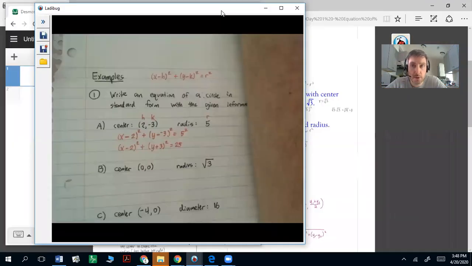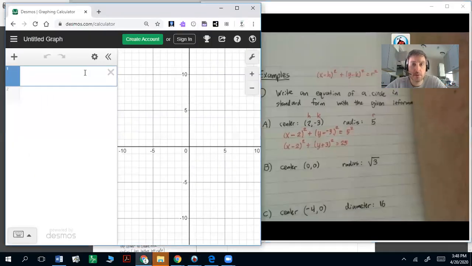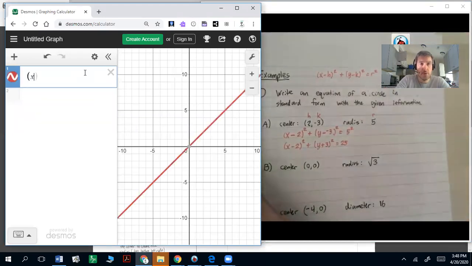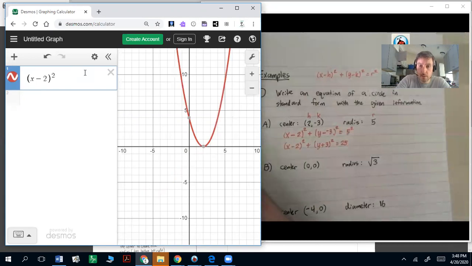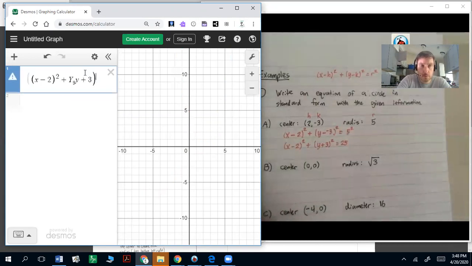So I will do this one. Parentheses, just basically type it in Desmos as you see it. Be helpful if I was paying attention to what I was typing.